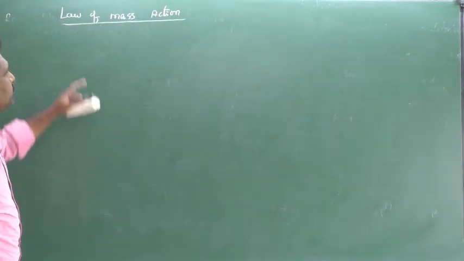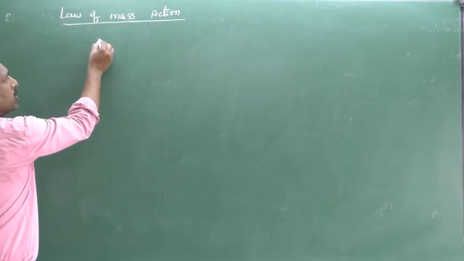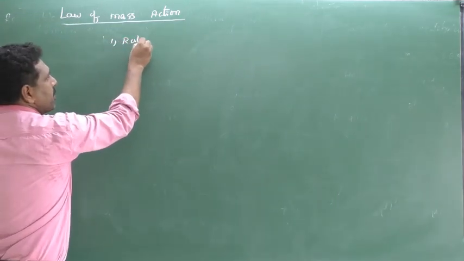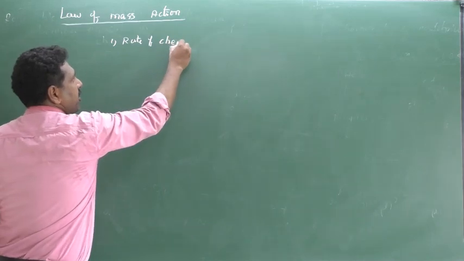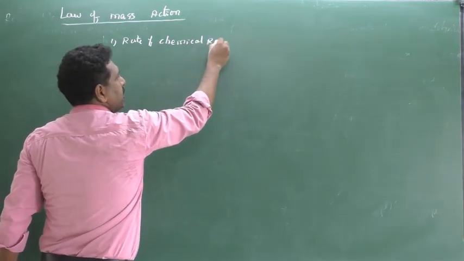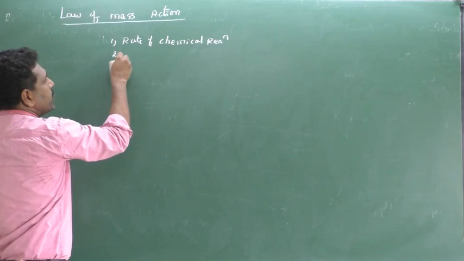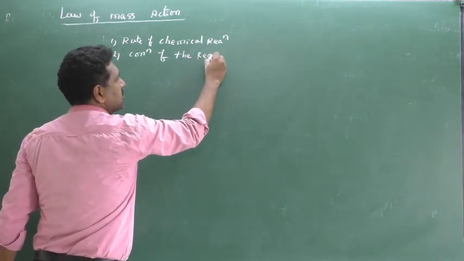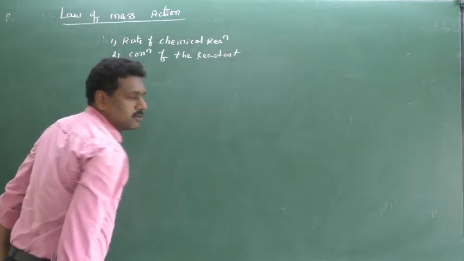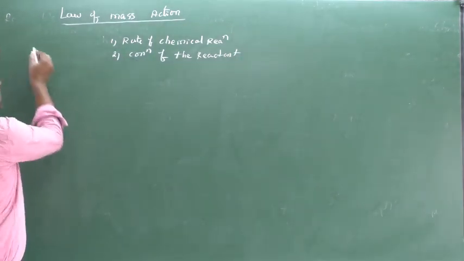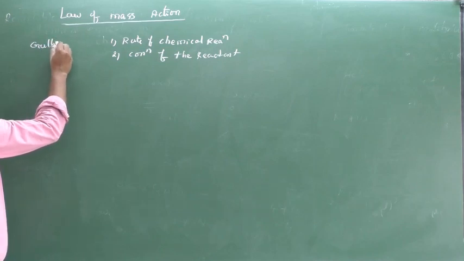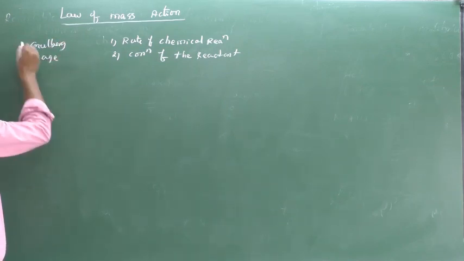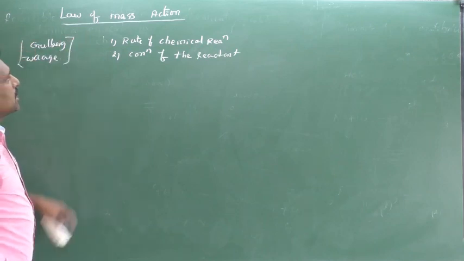Law of mass action. It explains the rate of chemical reaction and the concentration of the reactants. This law was proposed by Guldberg and Waage, the scientists who proposed this law.